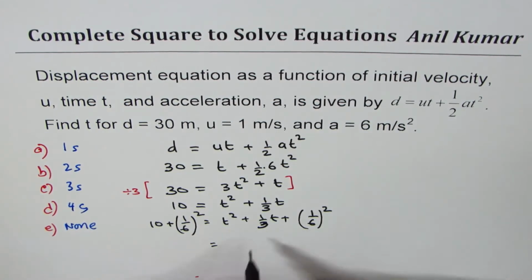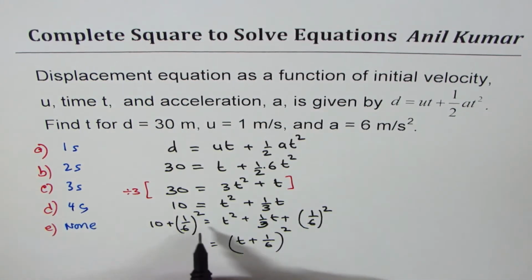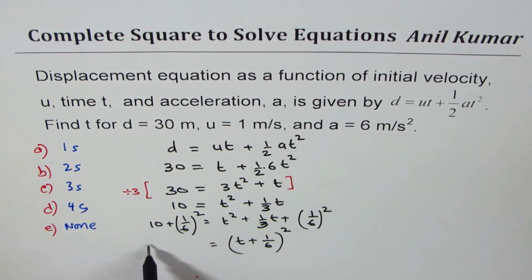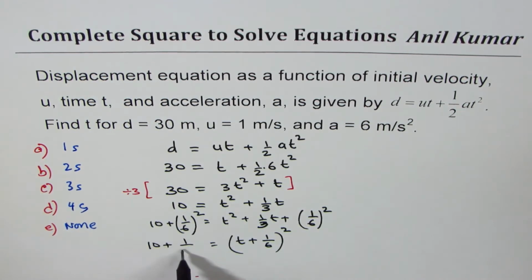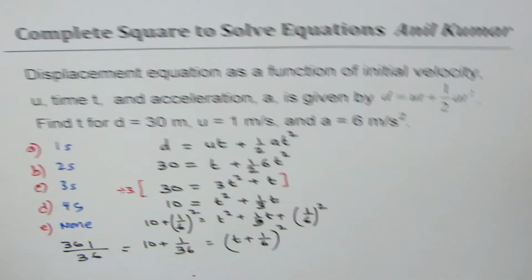The left side becomes a perfect square, which is t plus 1 over 6 whole square. The right side is a fraction. Let's try to figure this out. 10 plus 1 over 36, with 36 as the common denominator, is 361. Okay, so 360 plus 1. Is it okay? So 361.